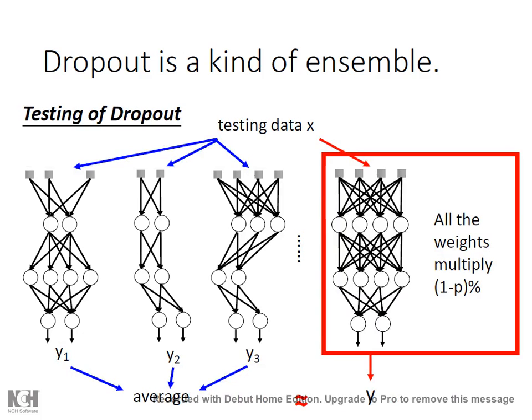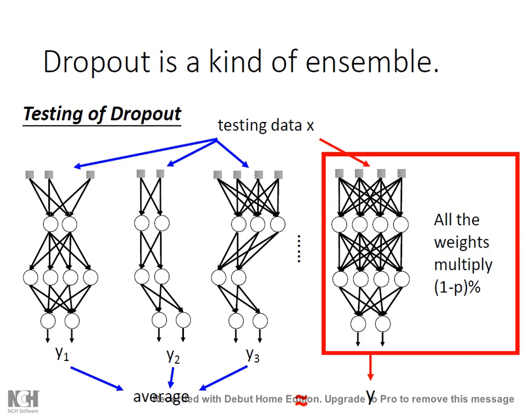Okay, so when you're testing, it looks like we feed the testing data to different networks, and then we average them together. It's actually equivalent to using the complete network and multiplying all the way with the weights. Then the result is very close, approximate to this architecture.